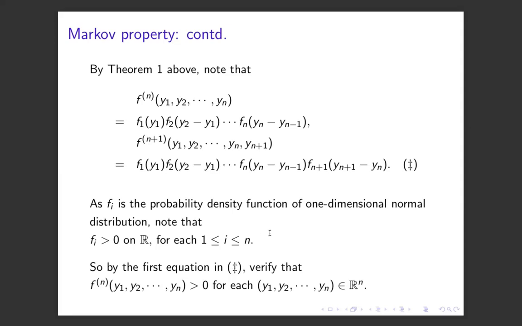So by the first equation here, we now get that the left-hand side is strictly positive for every point in R^n. I hope that's clear.